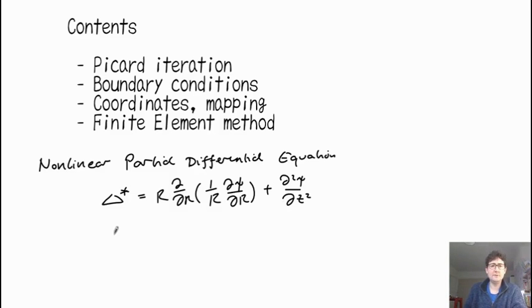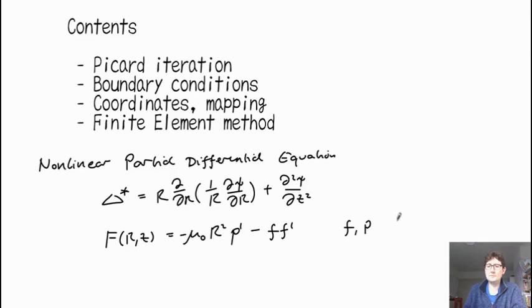And then on the right-hand side, there's a function of R and Z, which is essentially the toroidal current, where F and p are functions of psi. These are the pressure and the poloidal current functions. This contains all the nonlinearities, because these depend on psi, and then psi depends on the pressure and F.